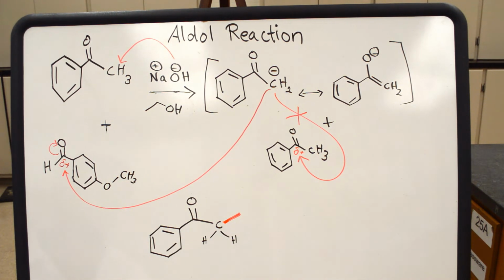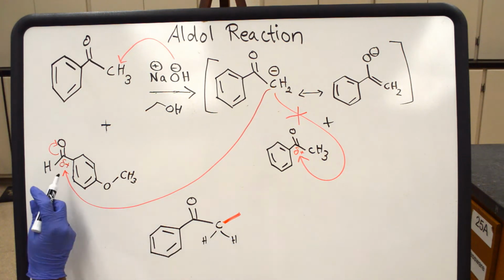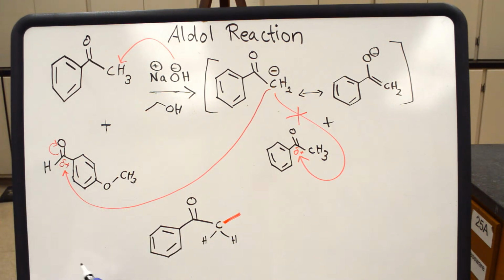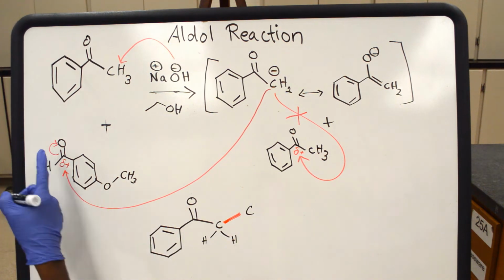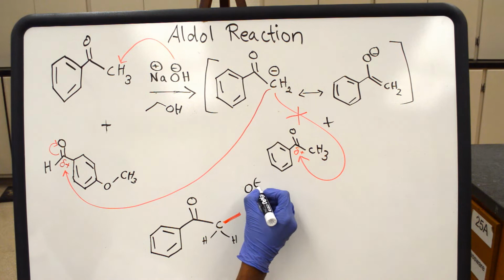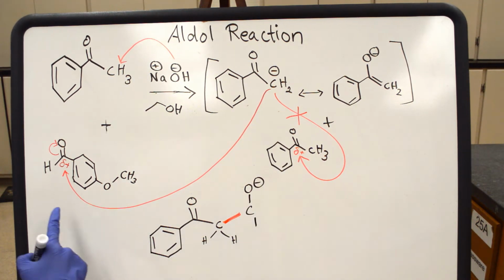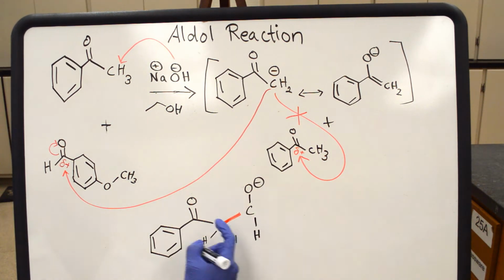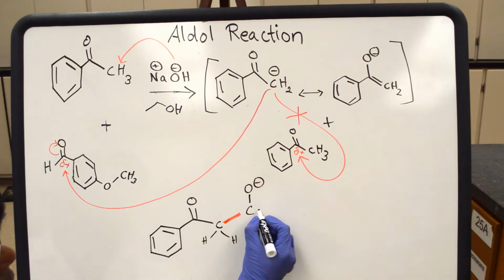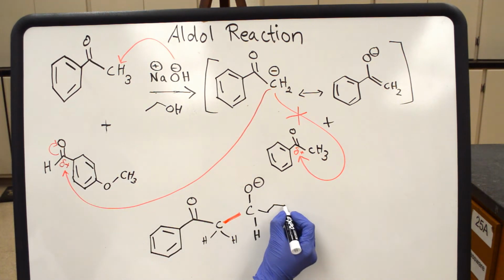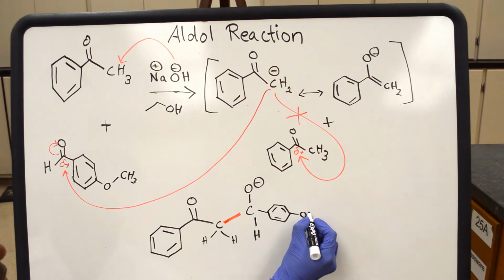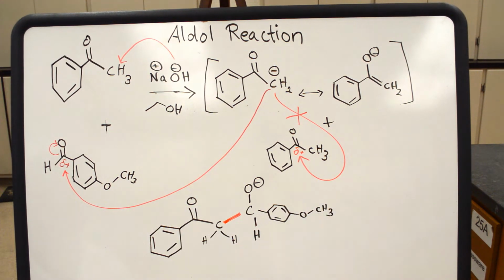That's a new bond, and the carbonyl carbon, right? Carbonyl carbon, the oxygen with a negative charge, hydrogen on the carbon, and the anisole on the carbon. Okay, so that's the anion, the intermediate of this reaction.